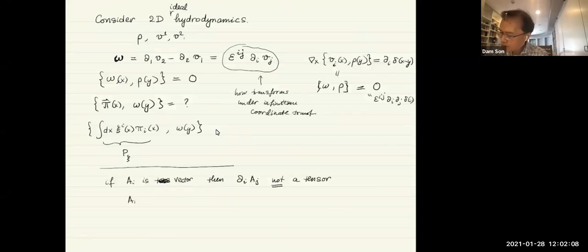If I have A_i of x go to A_i' of x' equal to dx_j over dx_i' times A_j of x, suppose I try to take a derivative and see whether the derivative of one side transforms into the derivative of the other side.